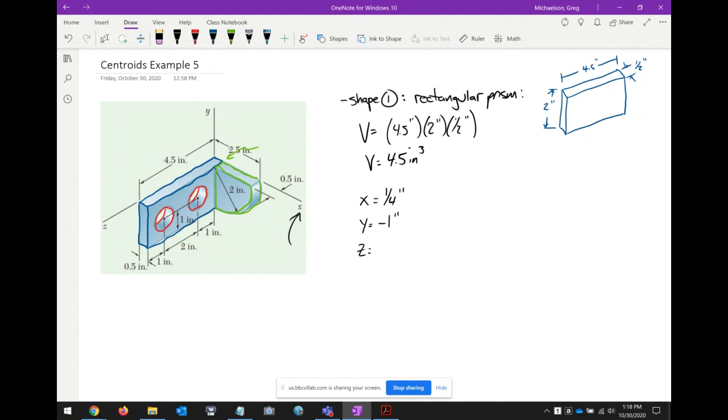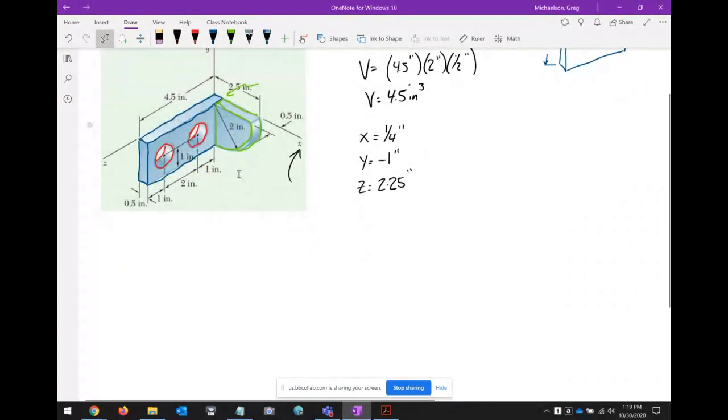Along the z axis, what's that going to be? All right, 2.25. Exactly right. Yeah, just half the 4.5. Okay, exactly right.